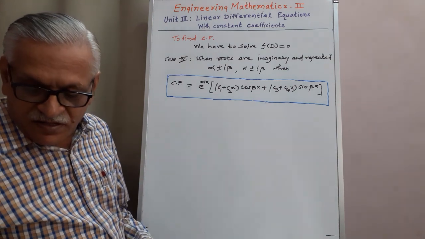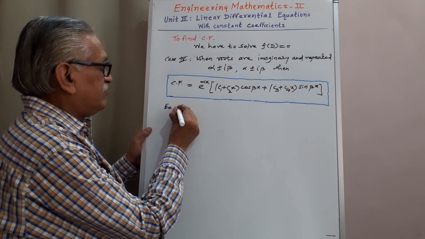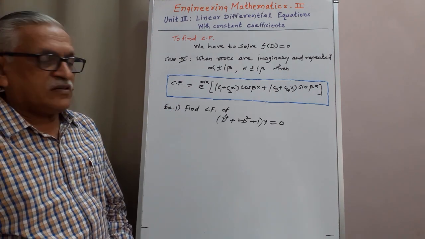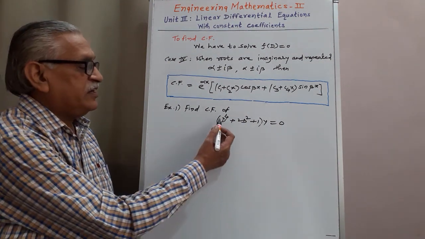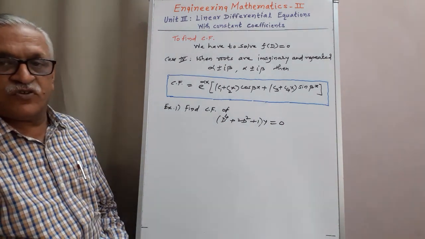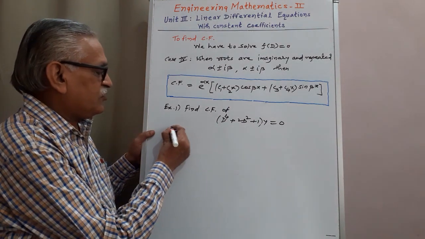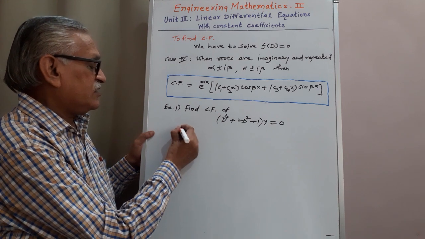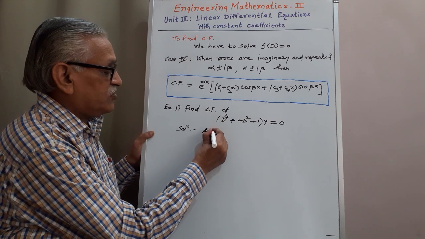And an example: find the complementary function of (D raised to 4 plus 2D square plus 1) y equals 0. The order of this differential equation is fourth order, and therefore to find the complementary function, the first step is we require to write the auxiliary equation.